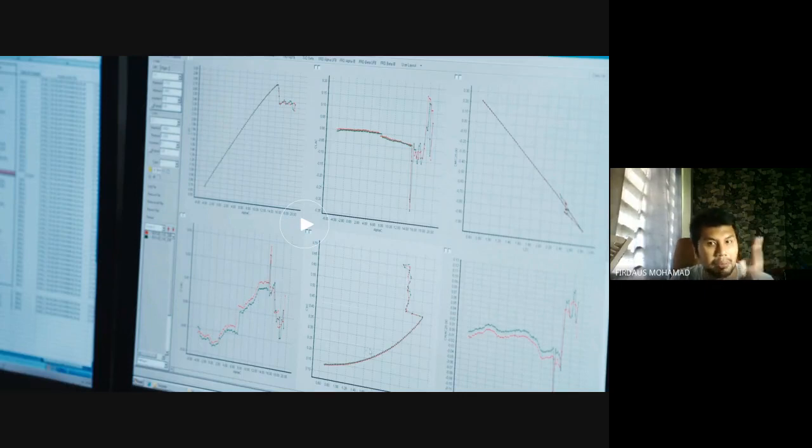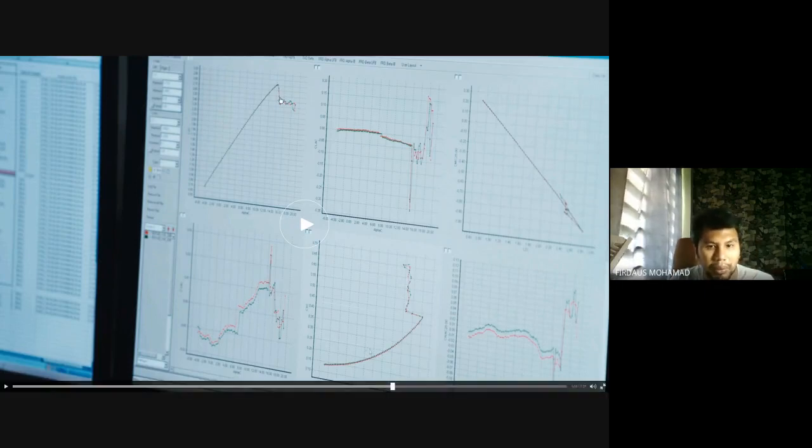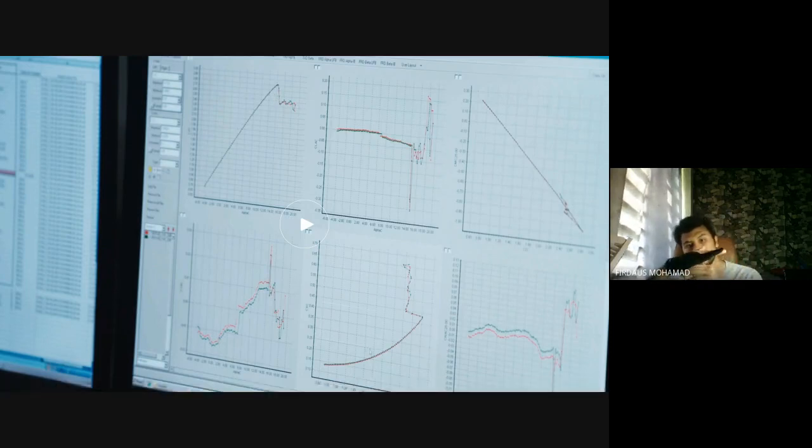Okay, so dia tak boleh lebih daripada 14 degree dia punya pitching angle. Kalau lebih, wing dah tak boleh produce lift, yang itulah akan jadi crash. Okay, dia stall and then dia akan crash lah.